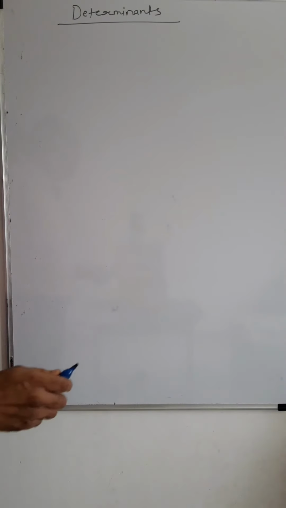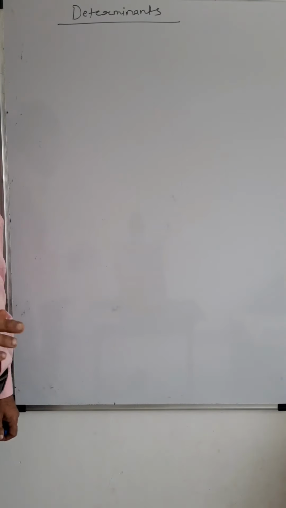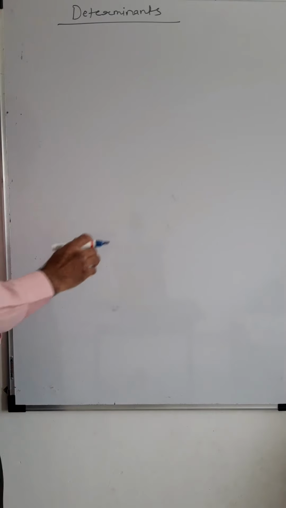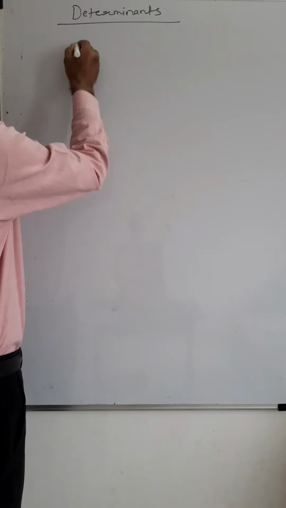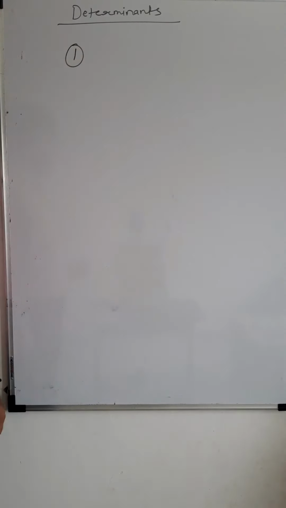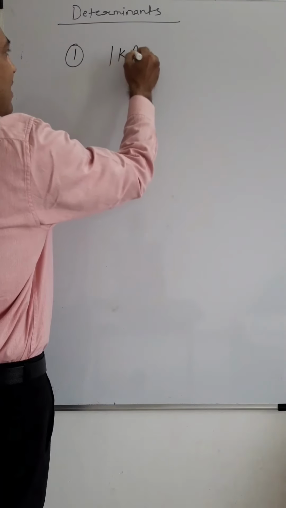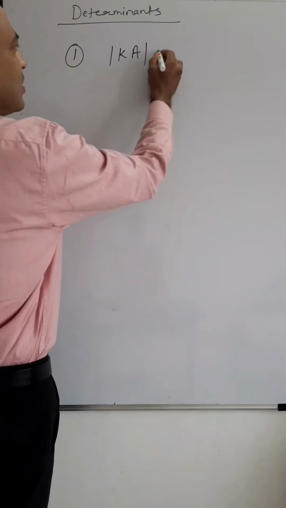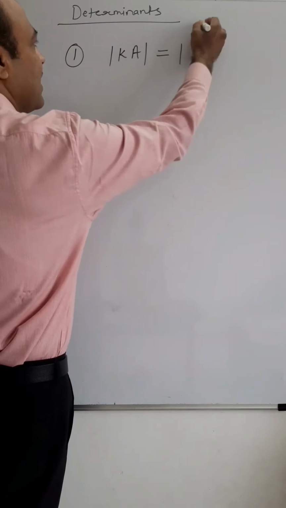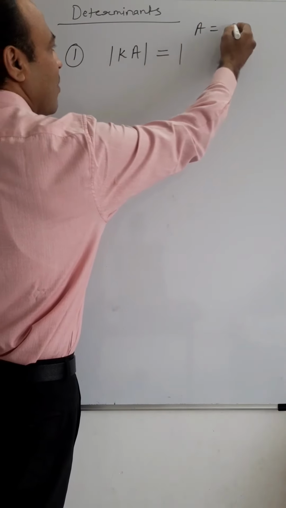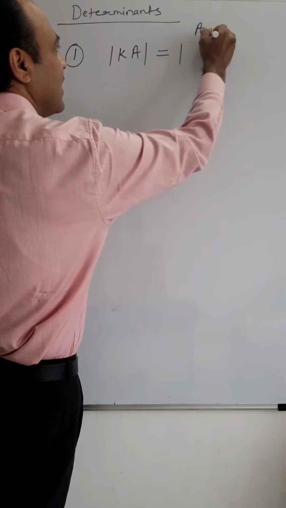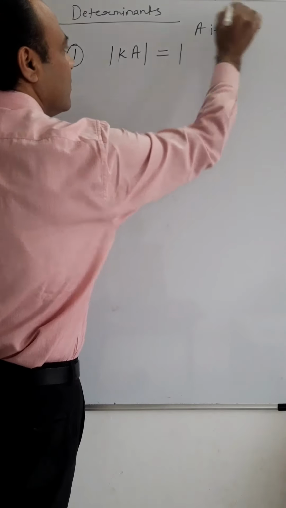Now we'll come to know some properties of determinant. Properties of a determinant, say suppose we have some constant times a determinant, it is given like this way. And suppose A is a determinant of order, let's say, 2 cross 2.